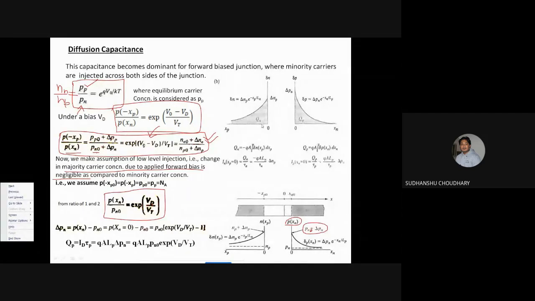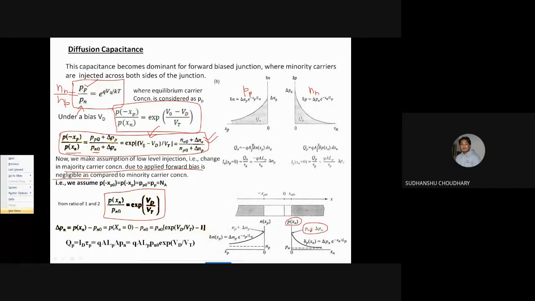That is, holes in p-type, pp, and electrons in n-type, nn, do not change with applied bias, but yes, the minority carrier concentration changes. So that is one assumption we are making.